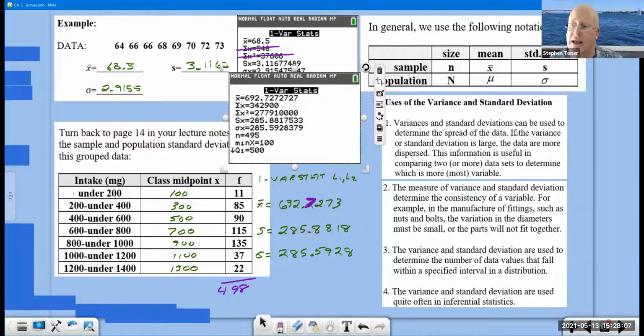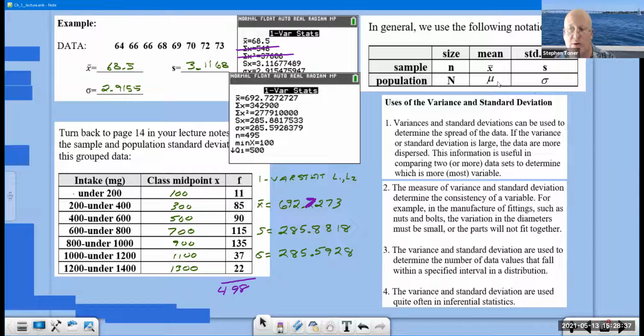Okay, some notation up here, which is now old business to us, but it's summarized for you. We have a row of sample values and a row of population values, and we have different notations for each of the different situations. So sample size, it's lowercase n versus capital N, sample mean versus population mean, and then we have sample standard deviation versus population standard deviation.